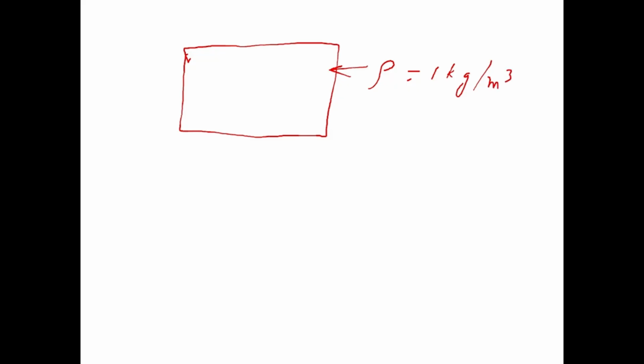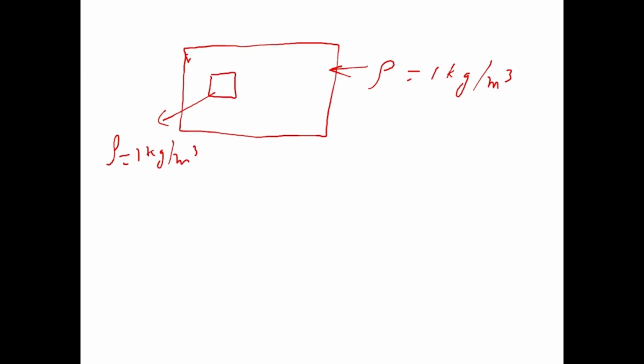Now in this material, I'm only going to look at a section, let's say this tiny section, and if I ask you what is the density of this section, you would say that this is 1 kilogram per meter cube, considering it's a uniform and isotropic material.